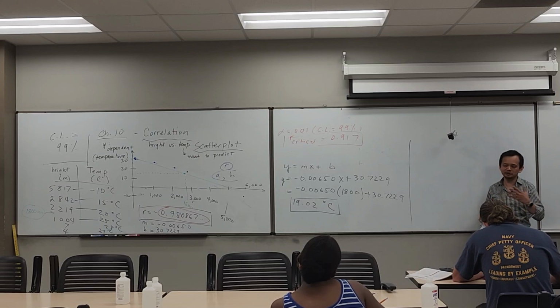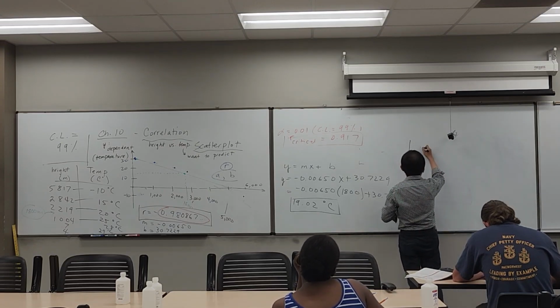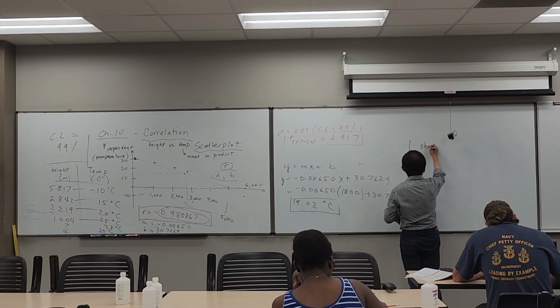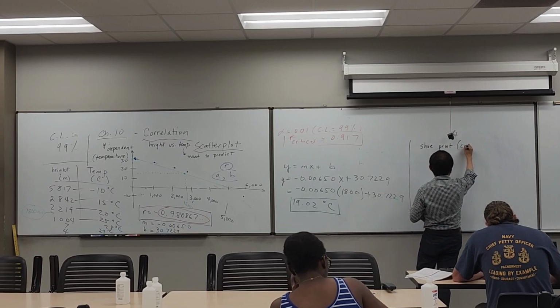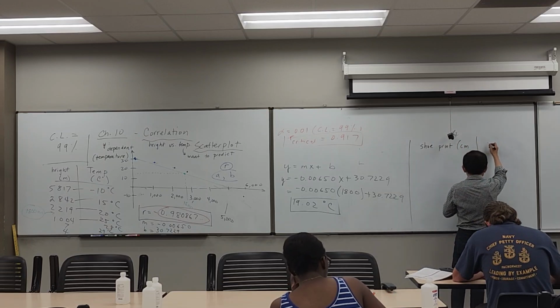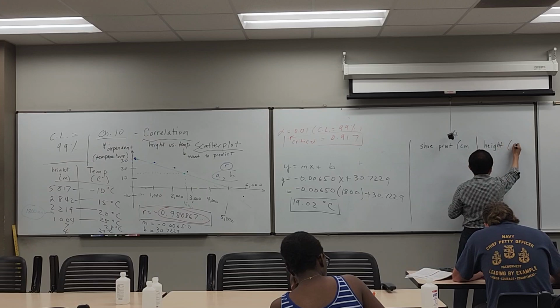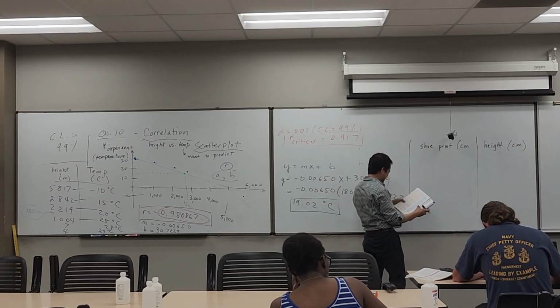And so then you go to look at sample data that's completely unrelated to this crime. And let's say that the data that you're looking at is shoe prints in centimeters versus height in centimeters.